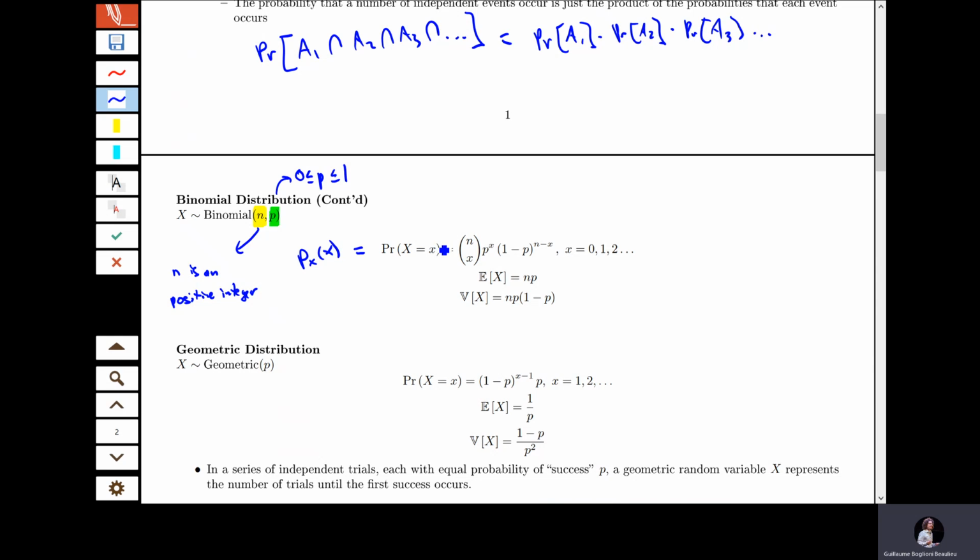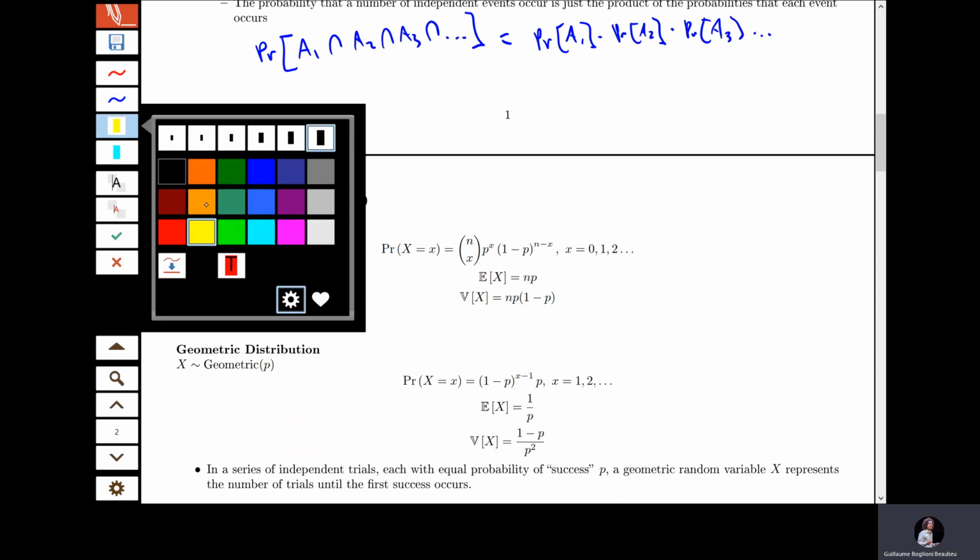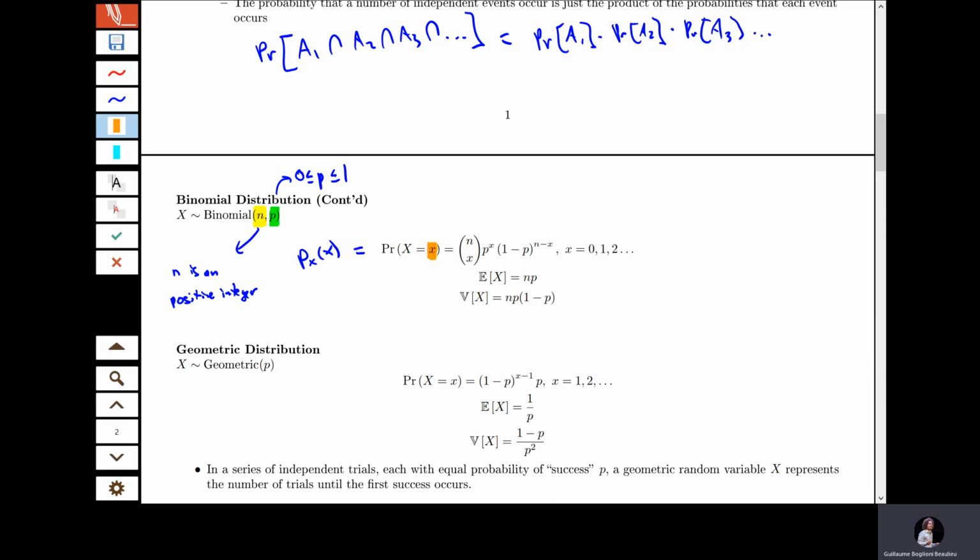Then the probability to have exactly x successes out of your n trials is given by this expression.